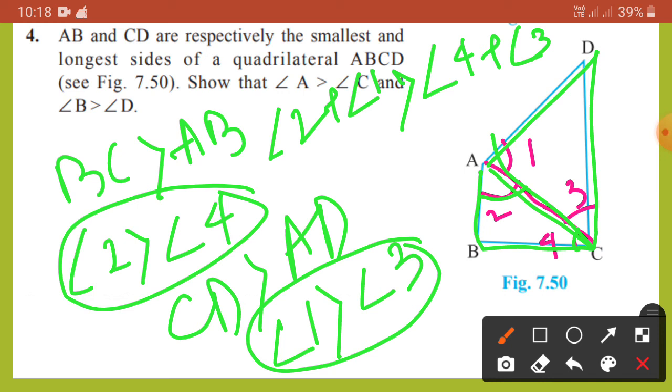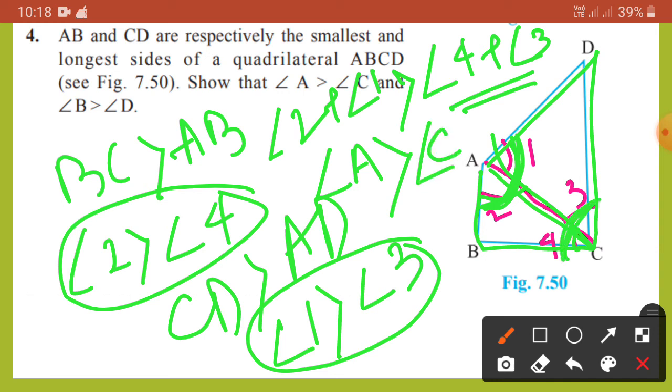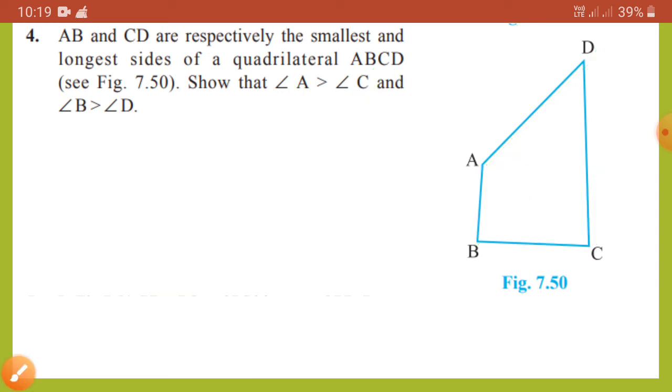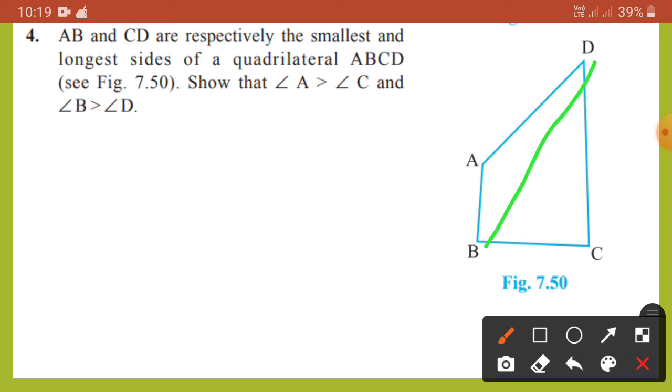Angle 2 plus angle 1 is angle A, and angle 4 plus angle 3 is angle C. So ultimately we got that angle A is greater than angle C. Proved. Similarly, by joining BD, we can prove angle B is greater than angle D.